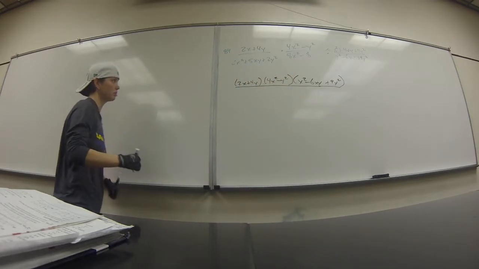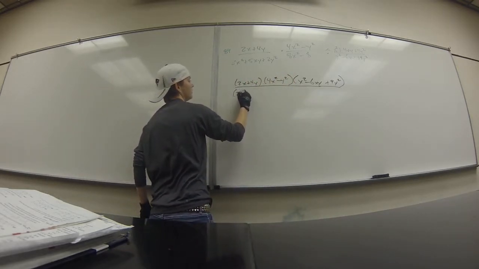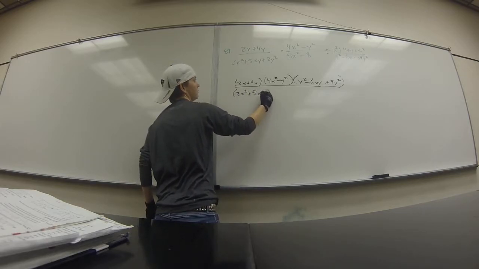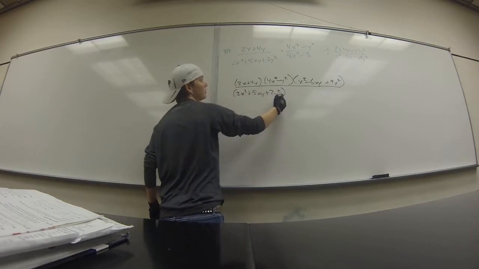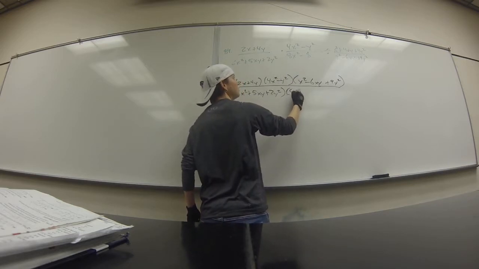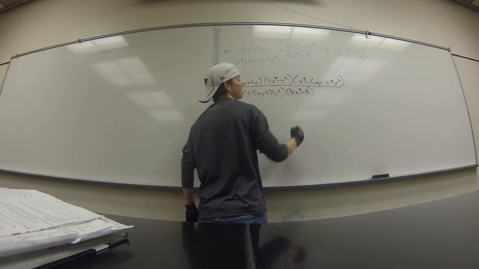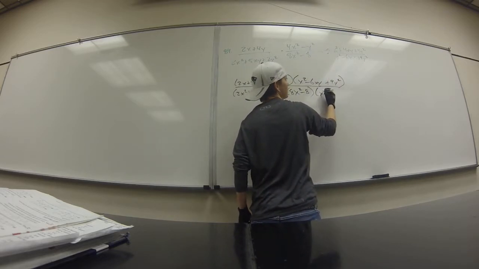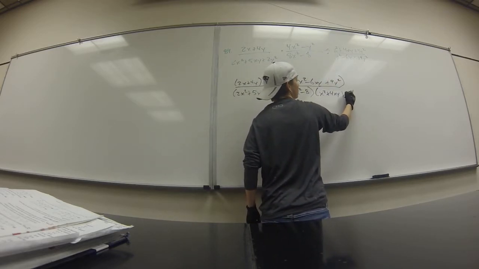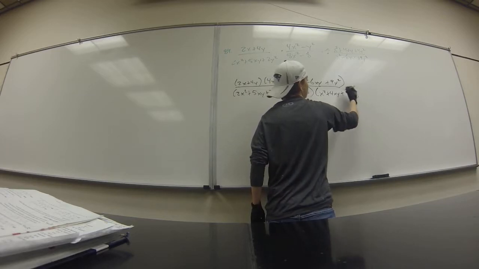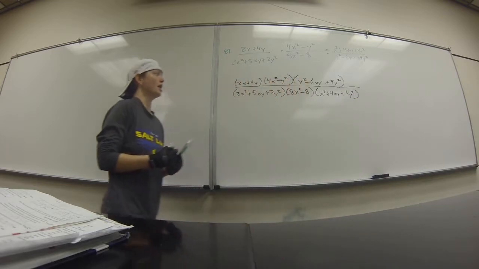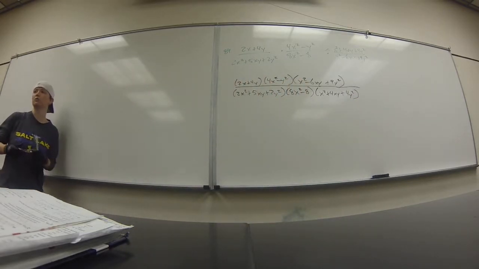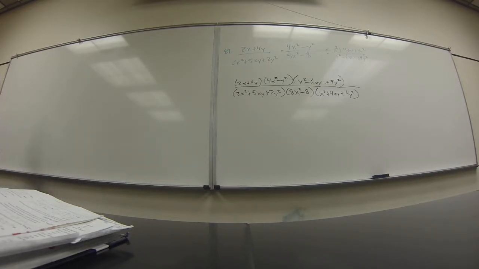On the bottom, this stuff, this stuff, and the stuff that used to be on the top. I put it all into one fraction because when you multiply, it just multiplies straight across.